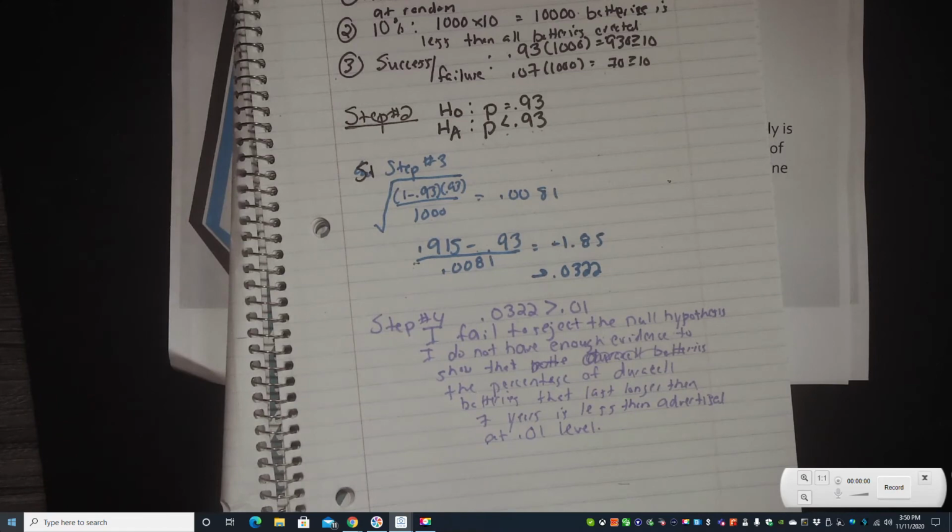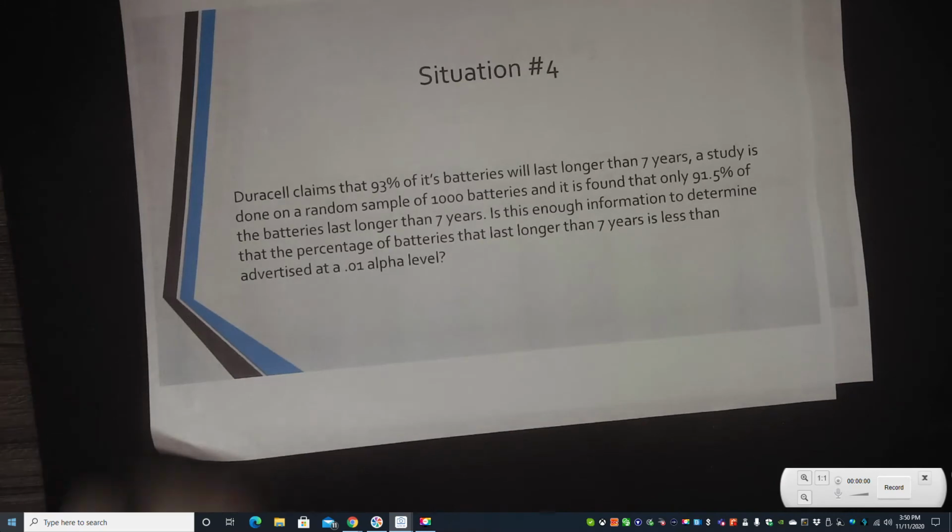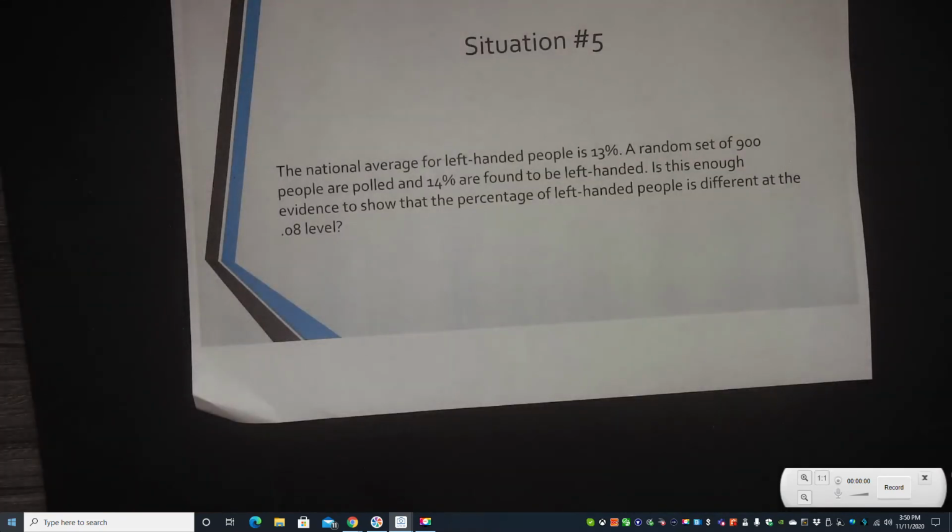Okay, so there's that one. Let's look at one more, and then I'm going to show you how you can do these calculations in StatCrunch, and then we'll be done. So situation 5, the national average for left-handed people is 13%. A random set of 900 people were polled, and 14% are found to be left-handed.